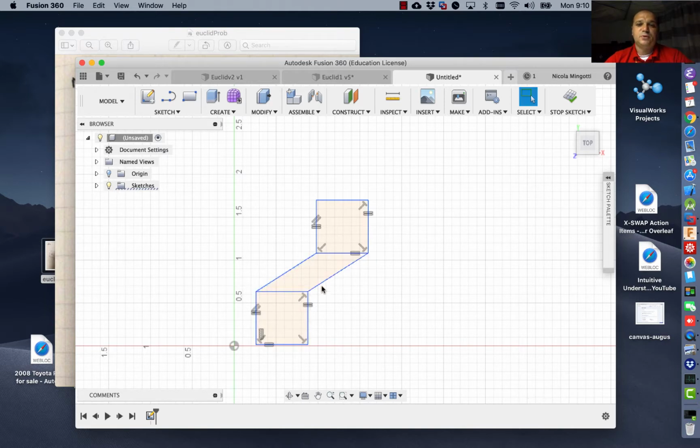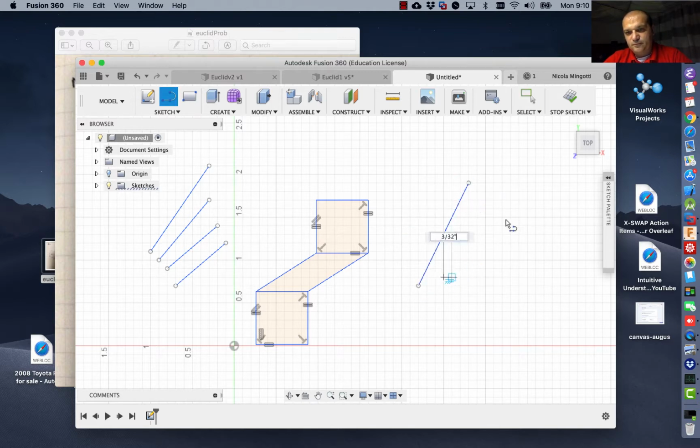Now let's build squares over these two. So, line, and some more lines. Let's build.